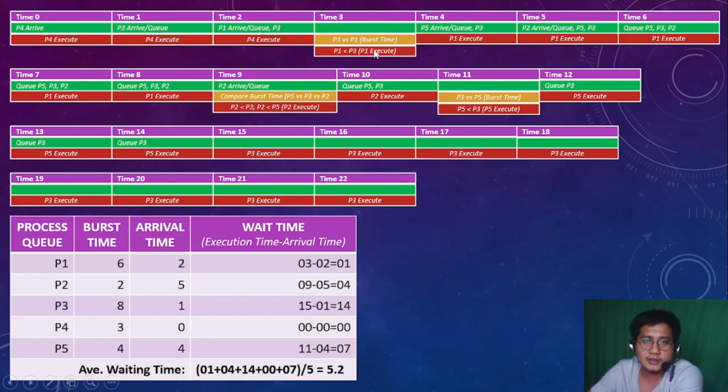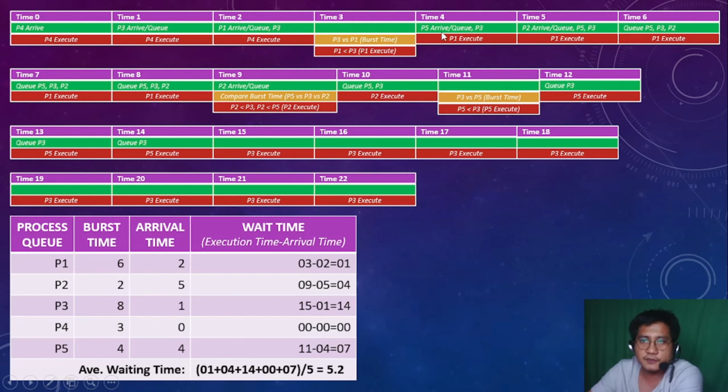In that case, P1 will begin its execution at time 3. It will get the attention of the central processing unit at time 3, since it has only a burst time of 6 compared to P3, which has a burst time of 8. We do that because this is shortest job first.